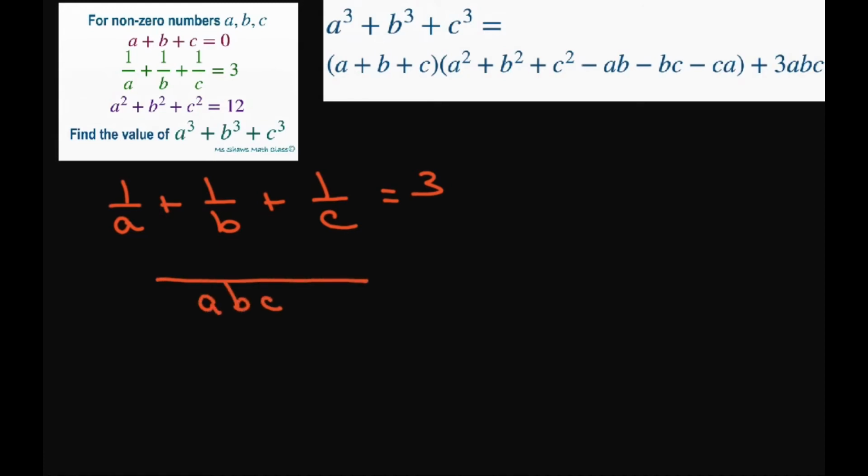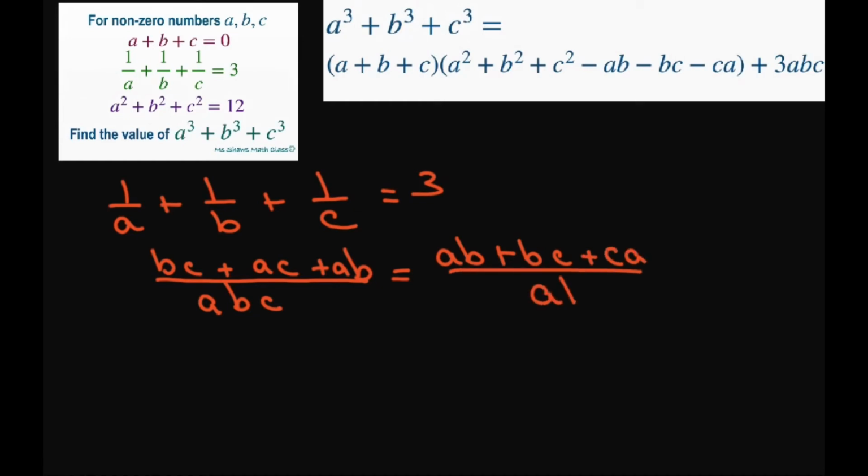And so to get that common denominator, our numerator is going to change to bc plus ac plus ab. And we can rewrite this as ab plus bc plus ca, just to make it look better, divided by abc.